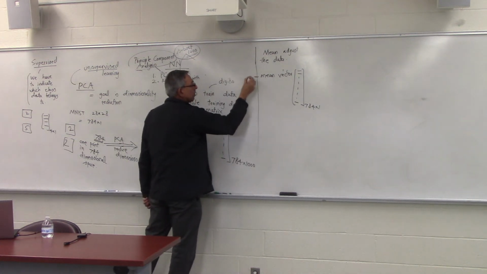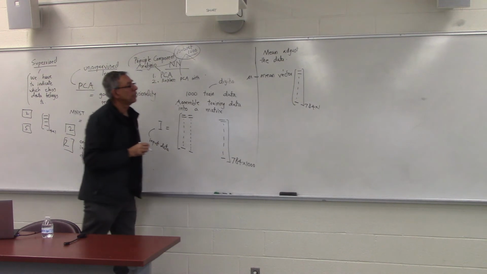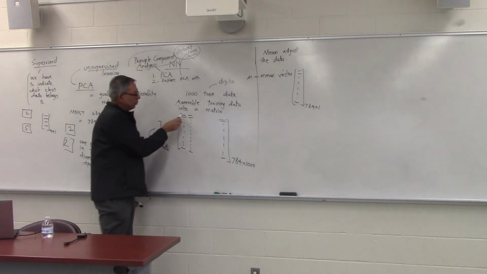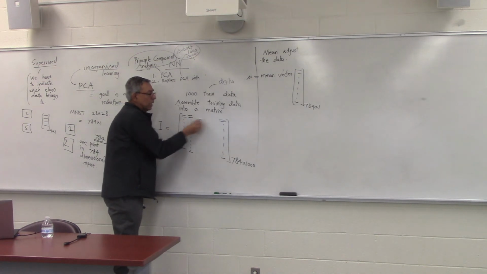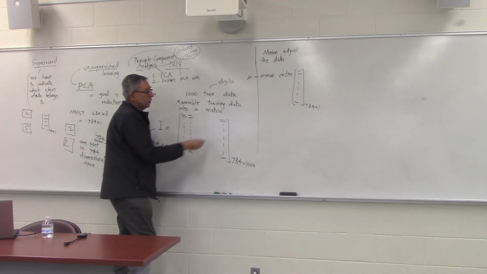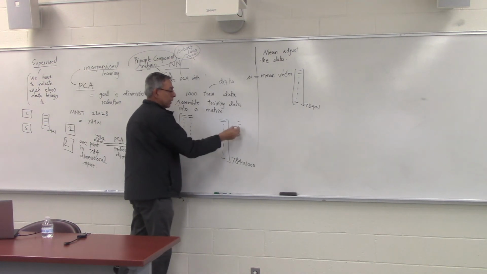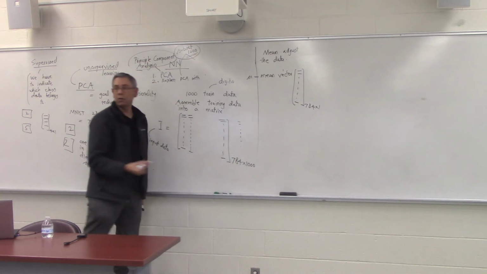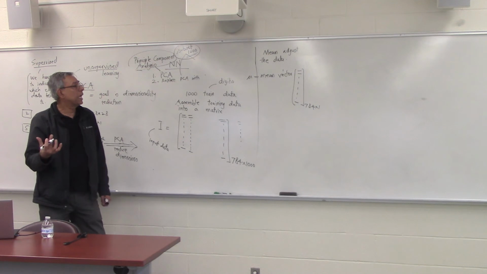Okay, suppose I call this mu. Once again, how do we get the mu vector? We added every row, all the numbers. There will be total 1,000, we divide by 1,000. Same way we go to the second row, we add, divide by 1,000. So as you can see, there are 784 rows, so the mean vector will be 784 by 1. Okay.